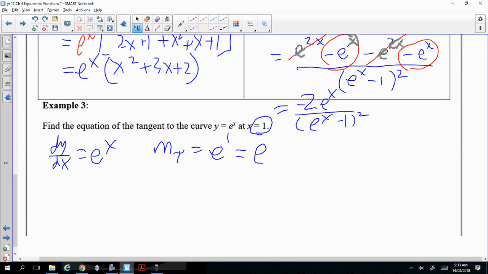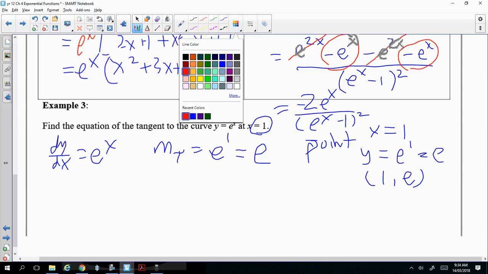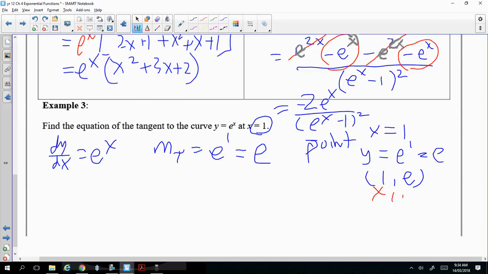So to find the point, what you do is you substitute x equal to 1 into y, which is just e, right? That's your point. Your x1, y1. So what you need to do is to use the formula y minus y1 equal to m x minus x1. Okay, do that. And then work out, okay?